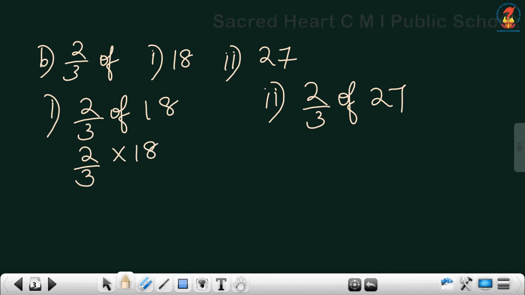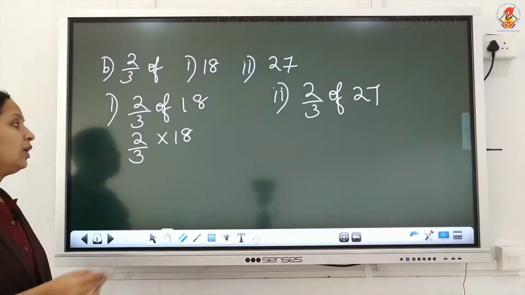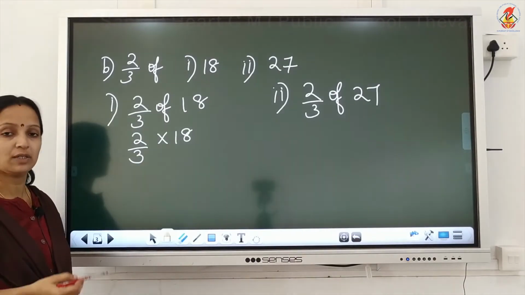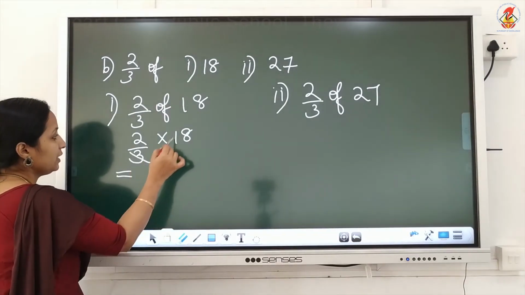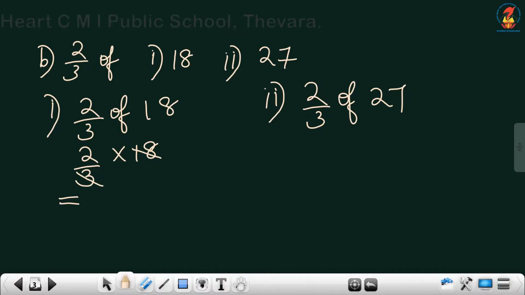Either you do the shortcut method of multiplication or multiply it and find out the answer. Whatever it is, no problem. So if it is shortcut method, 18 is a multiple of 3. So divide by 3, what will you get? 6, is it? So what is the answer? 2 into 6 is 12.